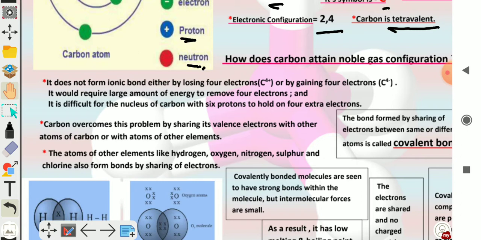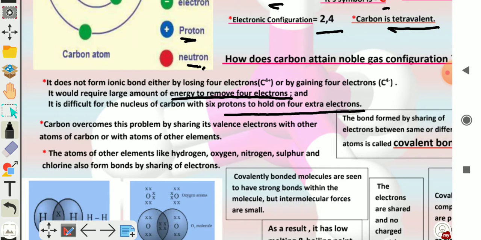Why does it not do so? It would require a large amount of energy to remove 4 electrons. And it is also difficult for the nucleus of carbon with 6 protons to hold on to 4 extra electrons.